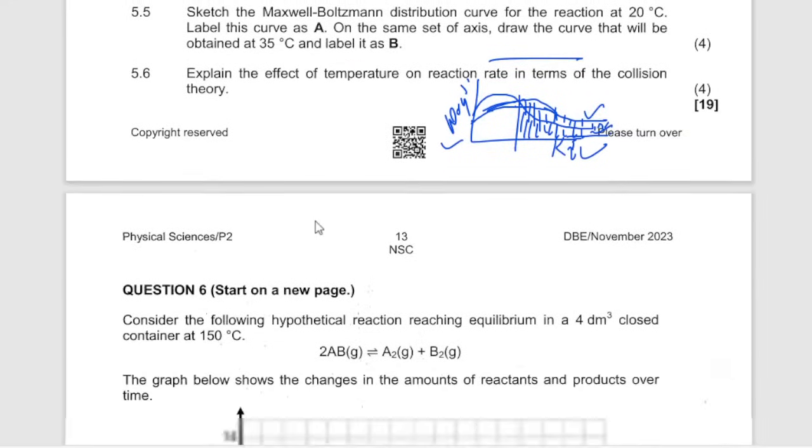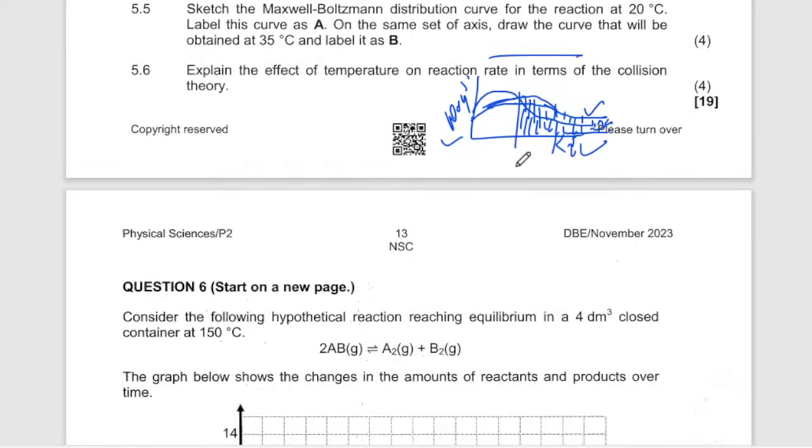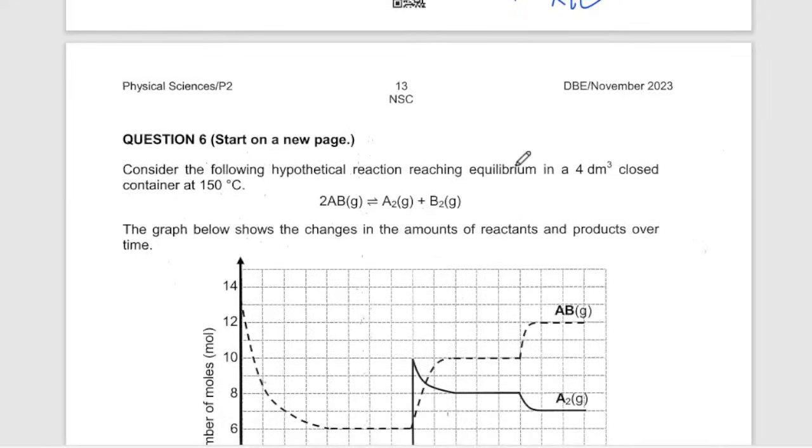Then they're saying, explain the effect of temperature on the reaction rate in terms of collision theory. Increase in temperature increases the number of particles with sufficient energy. So it means that you have more effective collisions per unit time, resulting in an increase in the rate of reaction.